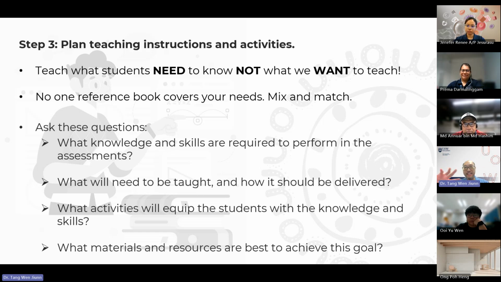But in the West, 20 or 30 years ago, they already had this flipped classroom mindset, where the students prepare the materials and deliver in class. So back to your question, Prema. For this kind of thing, it's a culture shock for them. So you should start small. Instead of asking them to prepare the whole lesson, it should be just part of the lesson.